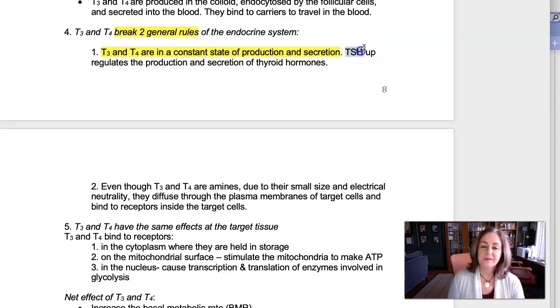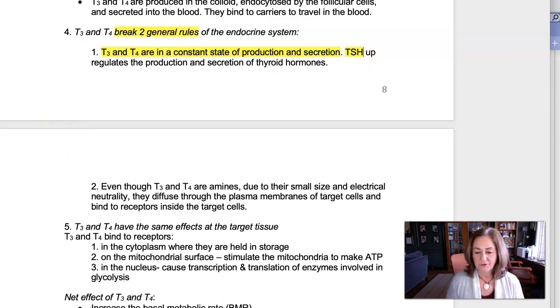And so when thyroid stimulating hormone is released, what that does is it upregulates the production and it upregulates the secretion, but it's not like we don't have any until TSH is there. Okay, we will have production and secretion of thyroid hormones.